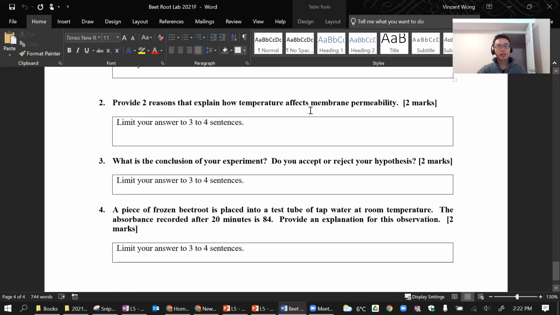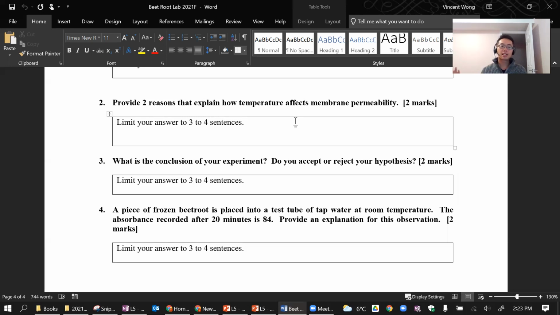Provide two reasons explaining how temperature affects membrane permeability. This was described in the video. Between the 40 and the 60 zone, the temperature causes the phospholipids to move a little bit faster, okay? And then when they move faster, that creates more fluidity, and things are able to leak past them easier.